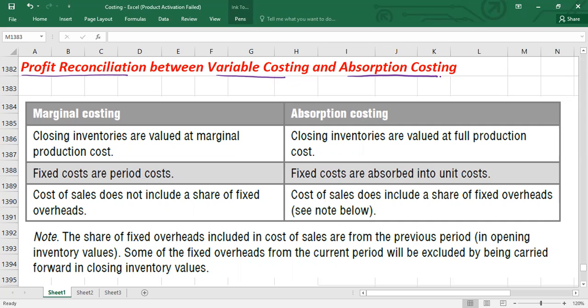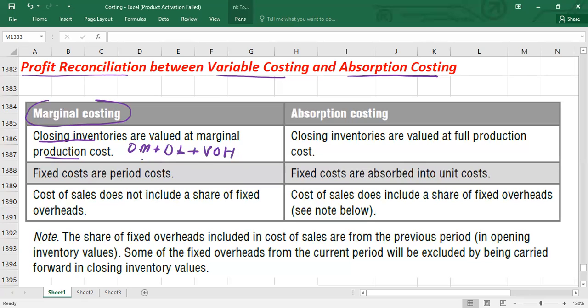Before moving to the topic, guys, just let me quickly remind you, under marginal costing, closing inventories are valued at marginal production cost. Marginal production cost means it includes the cost of direct material plus cost of direct labor plus cost of variable overhead.